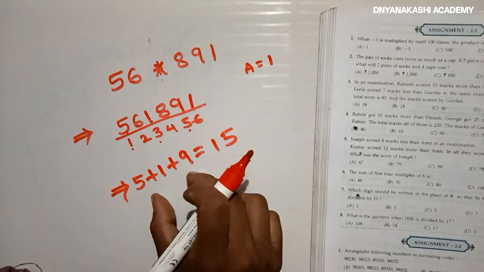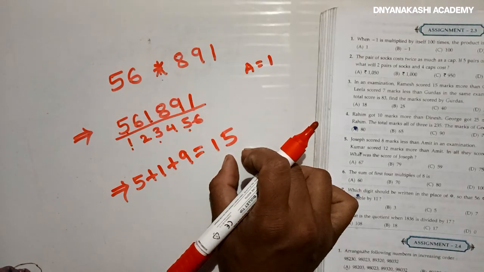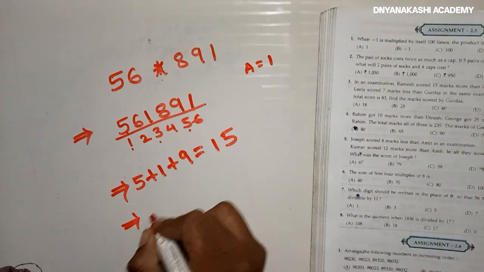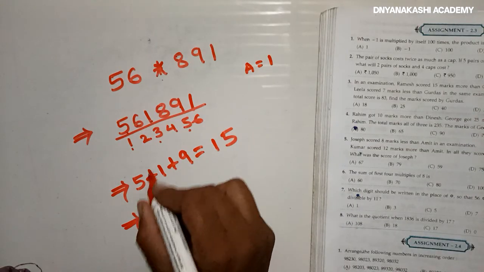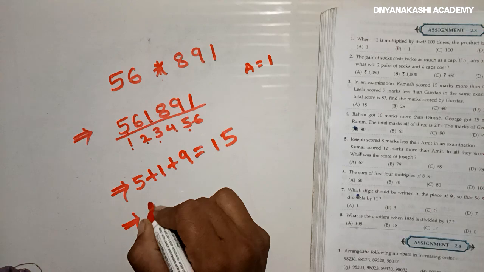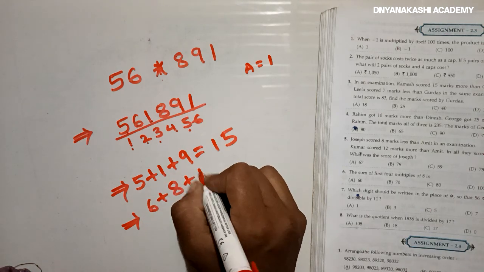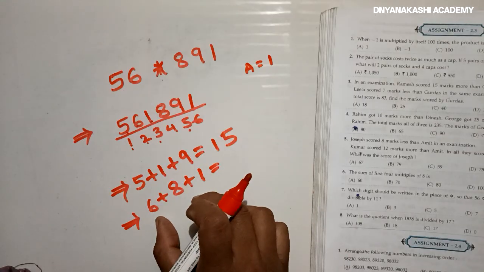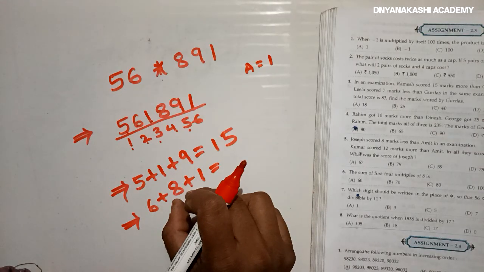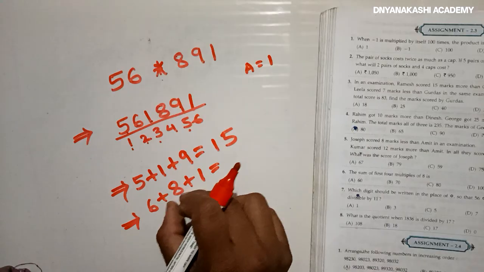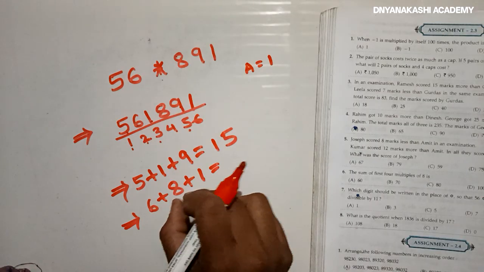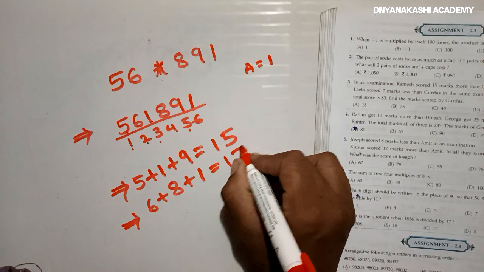The total sum of the odd place numbers is 15. And next I do the sum of the even place numbers. The first one is 6, the next one is 8, and the next one is 1. 6 plus 8 is how much? 14. 14 plus 1 is 15.